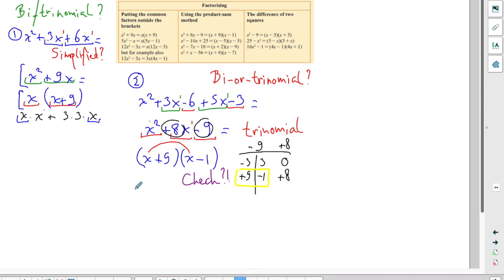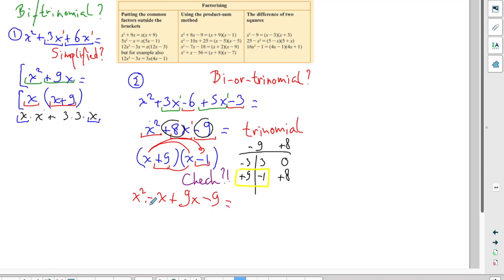x times x, x squared; x times minus 1 is minus x; 9 times x is plus 9x; plus 9 times minus 1 is minus 9.